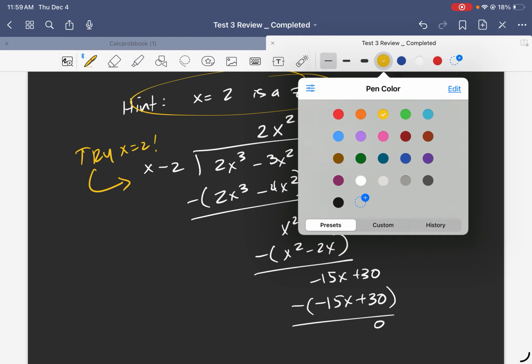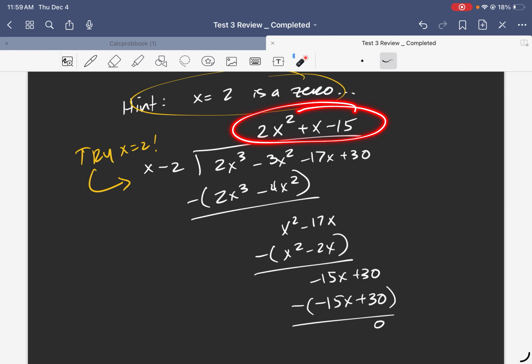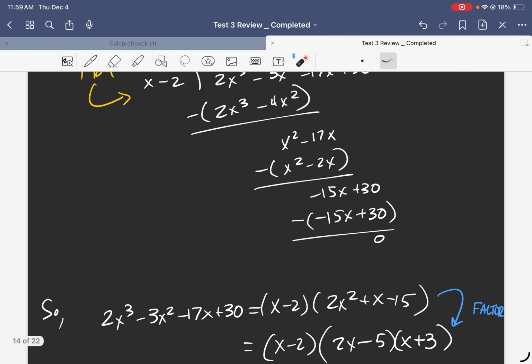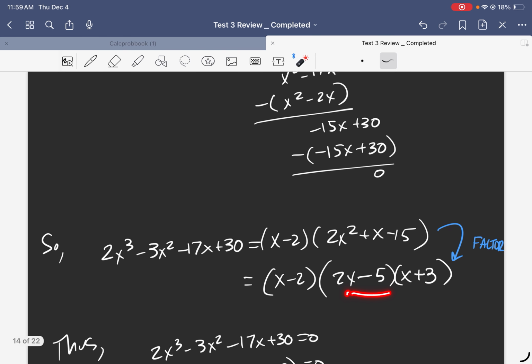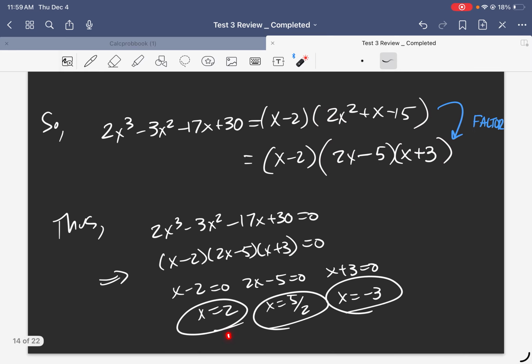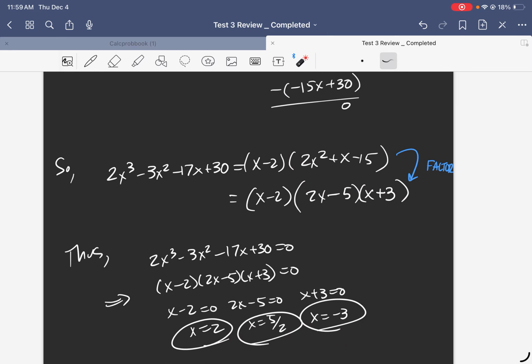And then when you do, you end up getting this left over, which makes sense that I get a remainder of 0 because this is a factor because you told me that that was a 0. So the other zeros must live in here. So if my thing is equal to x minus 2 times this, then I factor this to find my other two zeros, which are this, this, and this.